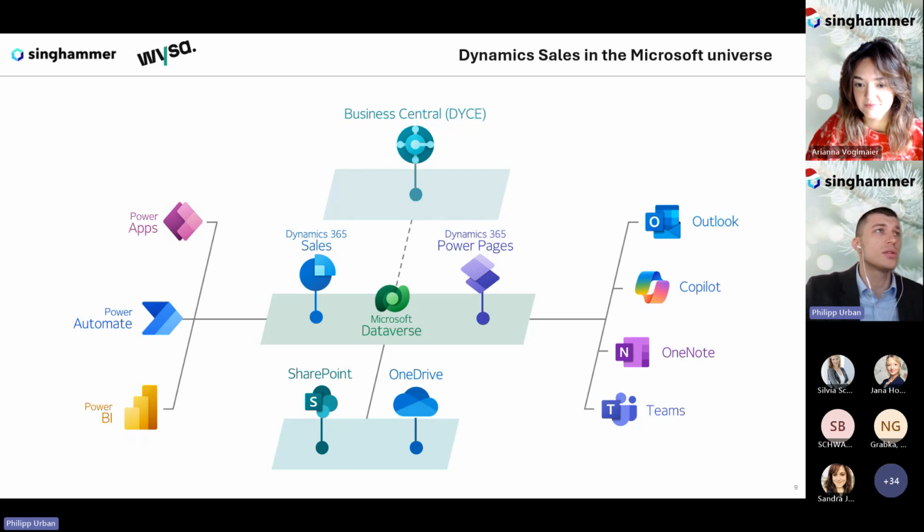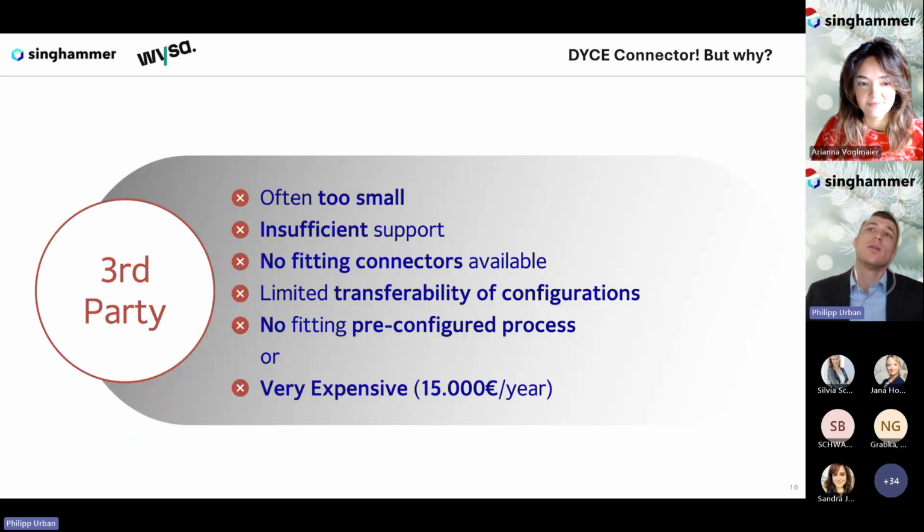So we went out to the market and looked around what the market could give us in terms of third-party solutions. And when we were screening the market, we found that many of the competitors were often too small. They had insufficient support.